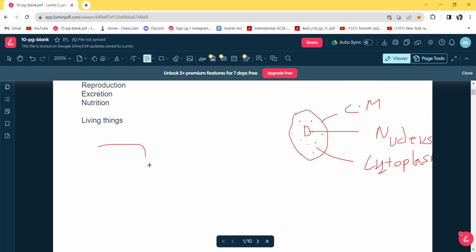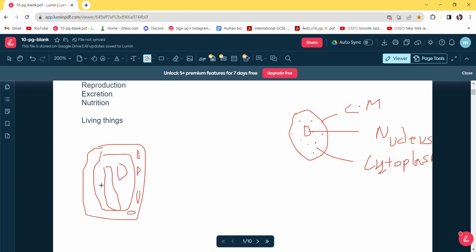And then you have the plant cell over here. The plant cell is basically very different. It has the same simple basics of an animal cell, but it has extra things such as chloroplasts over here. As you can see, I'm drawing some chloroplasts. So this is the chloroplast.